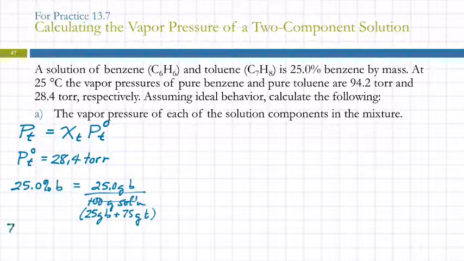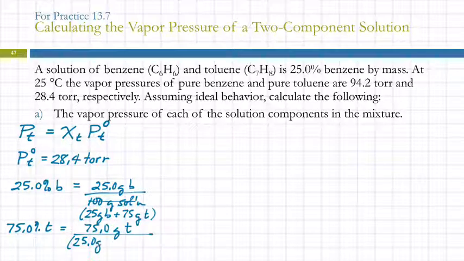There's only two things in this solution. So 75.0 grams of toluene divided by 25 grams of benzene plus 75 grams of toluene. This is not the only way to get at this problem, it's what is coming to my head right now.